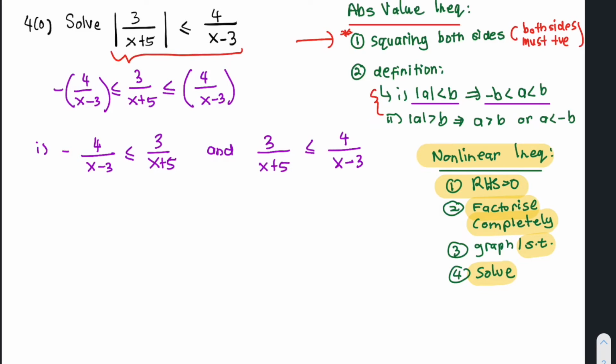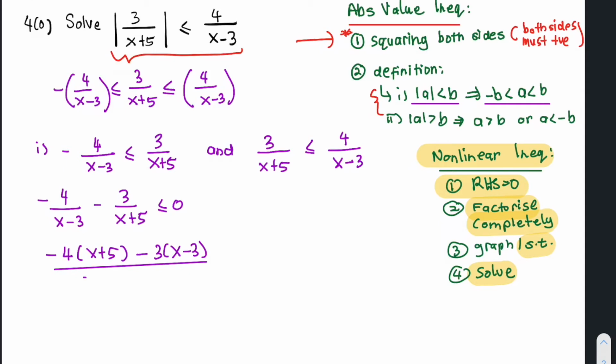Now do both sides. Let's look at the first side. To make one side 0, it becomes negative 4 over x minus 3 minus 3 over x plus 5 less than or equal to 0. Then you multiply: negative 4 multiplied by x plus 5, minus 3 multiplied by x minus 3, over the whole thing, x minus 3 multiplied by x plus 5, less than or equal to 0.